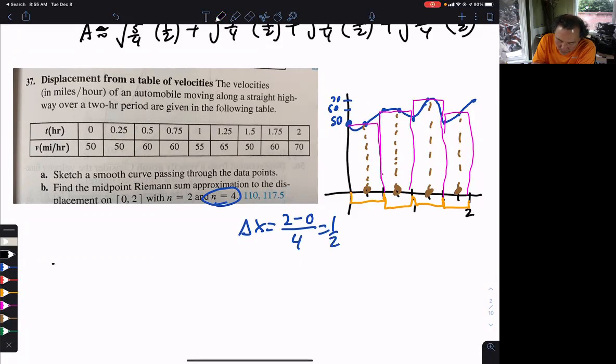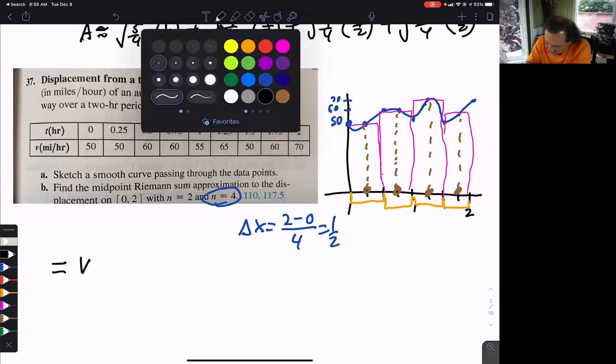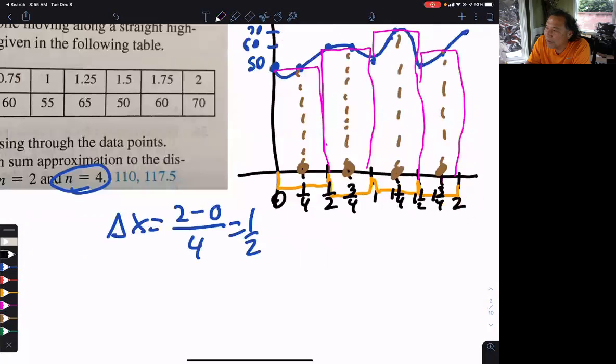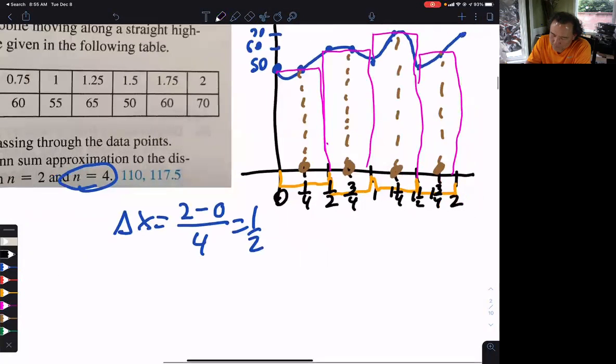So our midpoint Riemann sum is going to be our function at the midpoint. So let's label these midpoints. That's 0, 1/4, 1/2, 3/4, 1, 1 1/4, 1 1/2, 1 3/4. I hope you can read that. That's really small. Okay.